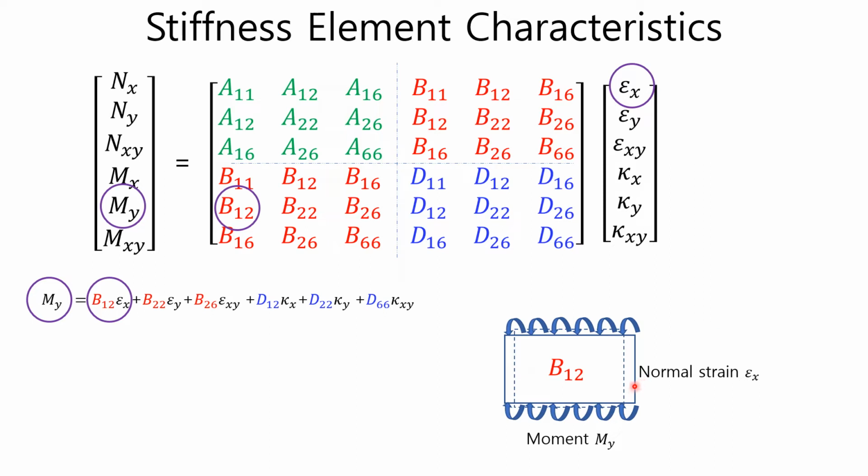The plate strain epsilon x produces the moment my in proportion to stiffness matrix element B12. Its contribution to my is one of 6 sources. B12 has the same value as that in the previous slide. This B12.